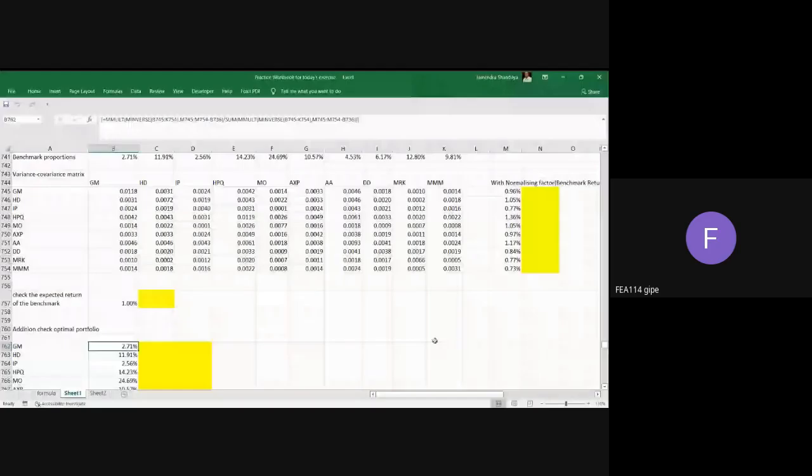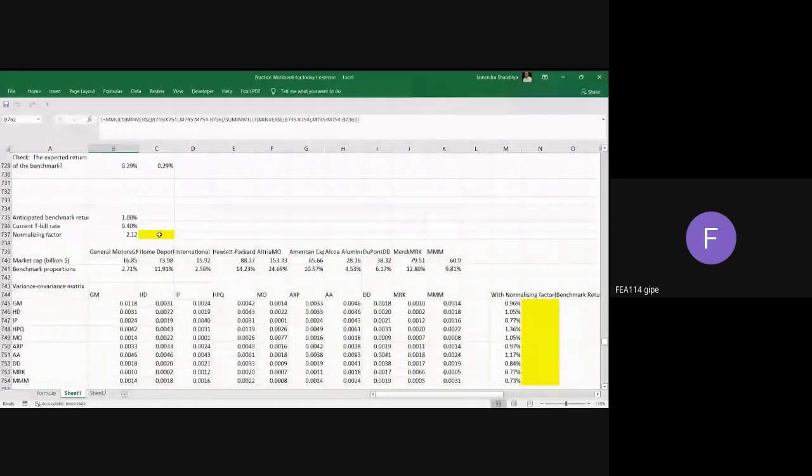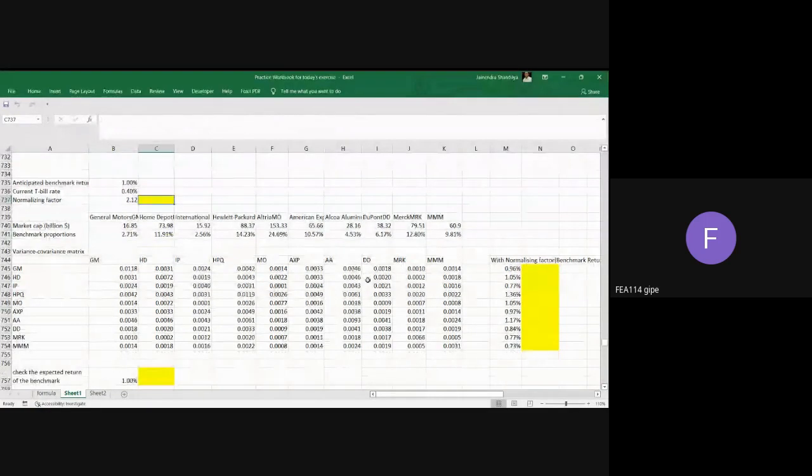So let's go to this. Can you see this Excel sheet? Yes, sir.